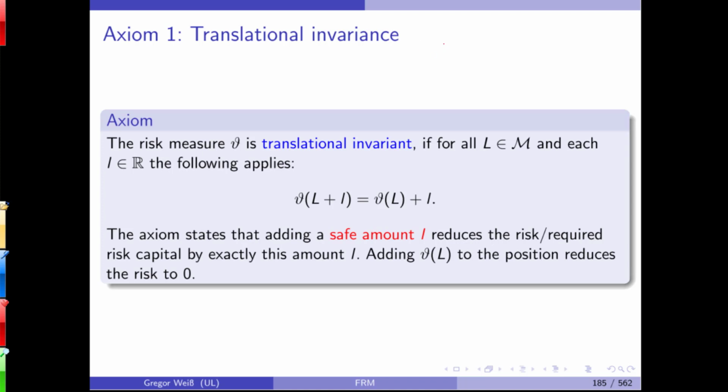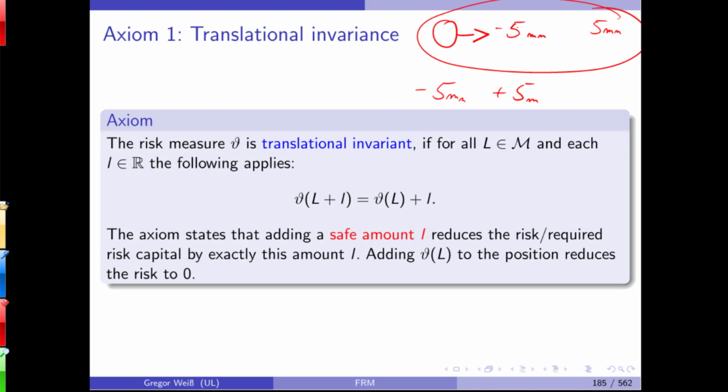If we have a position that has a risk exposure of say 5 million, and we have 5 million in the bank, then the combined exposure is 5 million plus 5 million. Well, that's in this case.